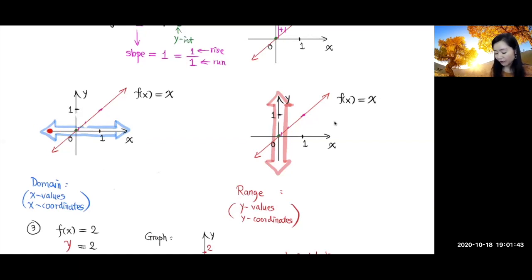It looks like it takes on every number on the x-axis. So the domain here will be all real numbers. You can write an R with a double bar.